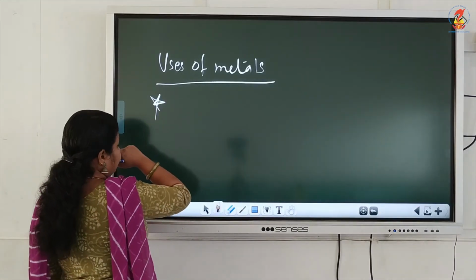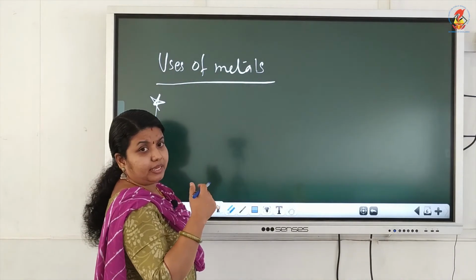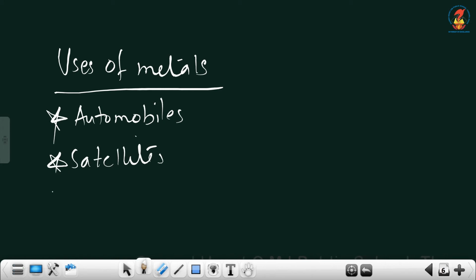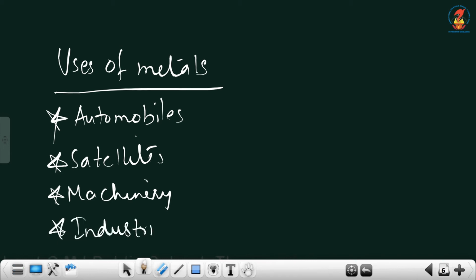Metals are used to make automobiles, then satellites, machinery, industrial gadgets, water boilers.